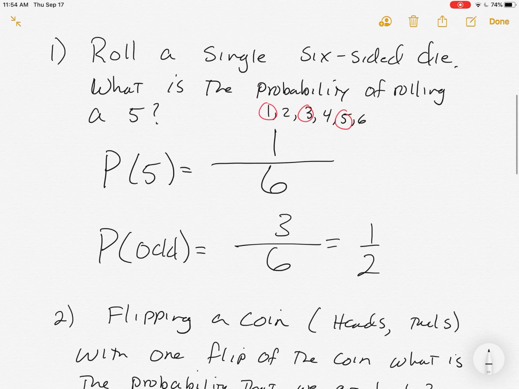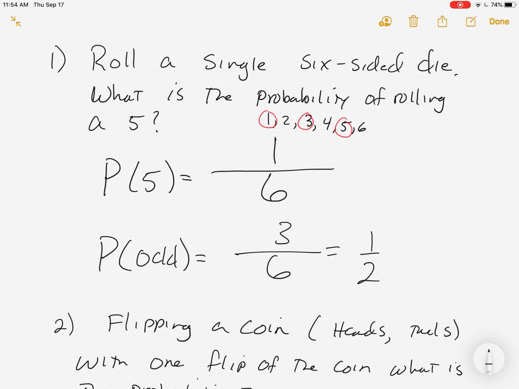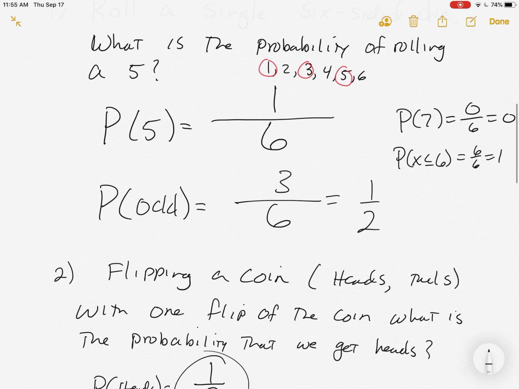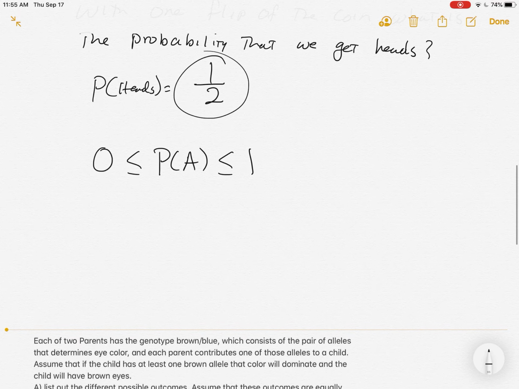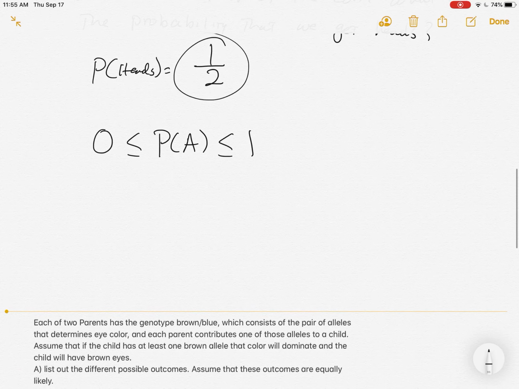Like in rolling a single six-sided die, what's the probability of rolling a 7? Well, there are no 7s, and so it's 0. Okay, what's the probability of rolling a number that is less than or equal to 6? Well, that is guaranteed to happen, so it's 1. And so you can get zeros and ones out, but nothing outside of those.